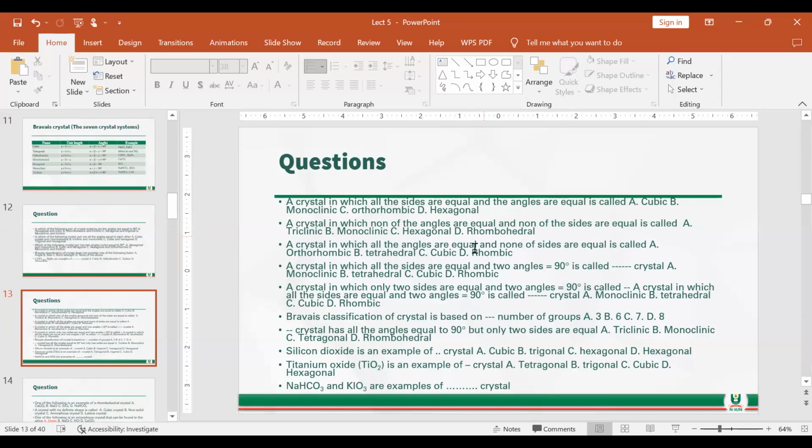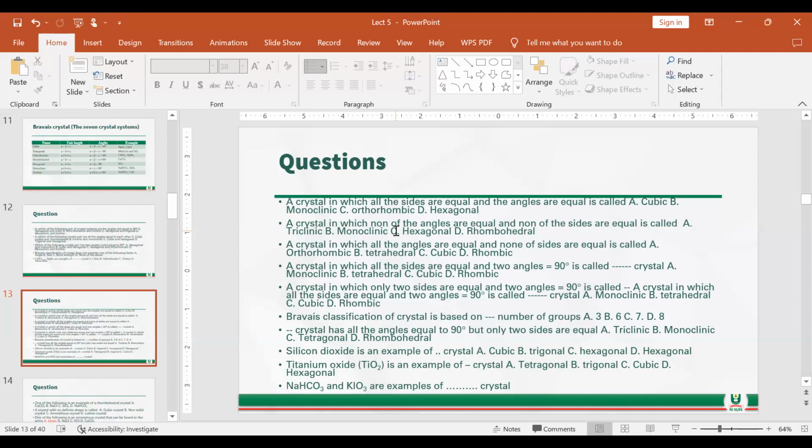A crystal in which all the angles are equal and none of the sides are equal is called what? We just talked about this one. I know it's not orthorhombic. I'm not sure again, and not tetra. Is it tetrahedral?